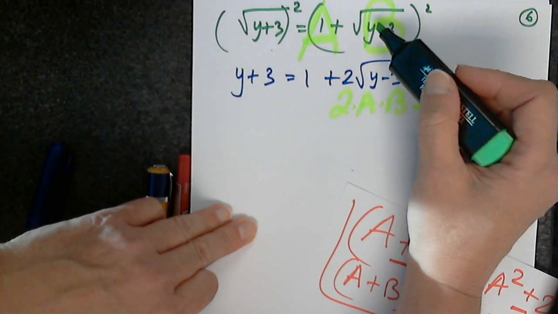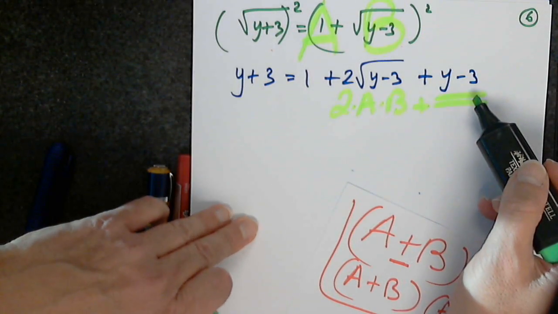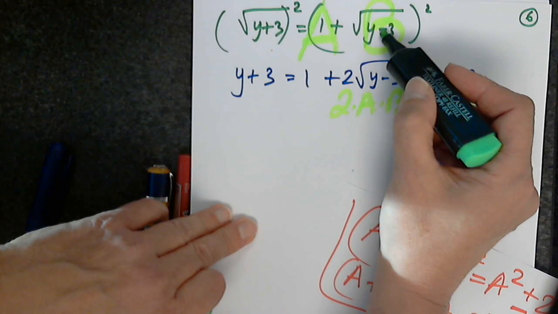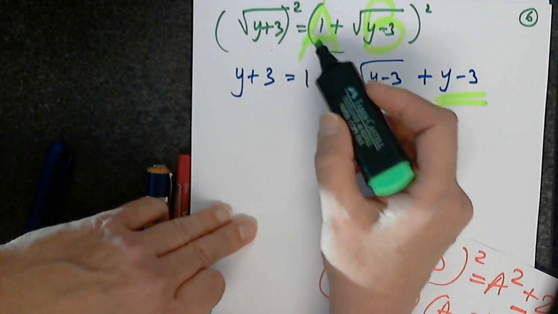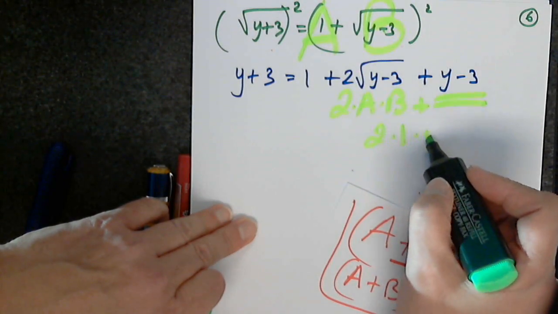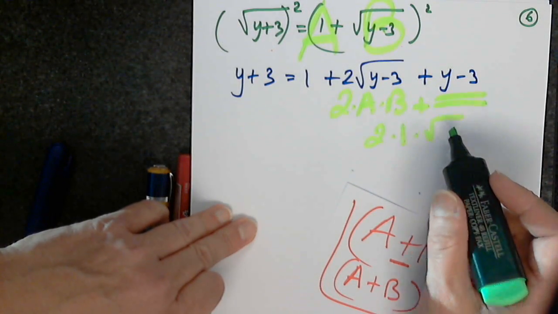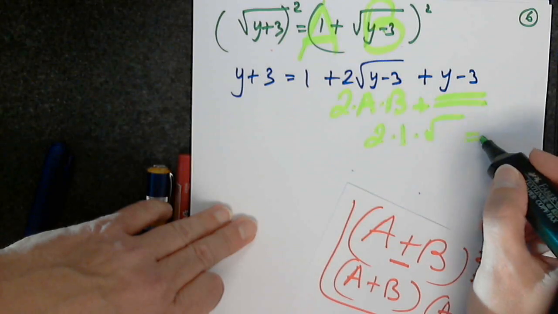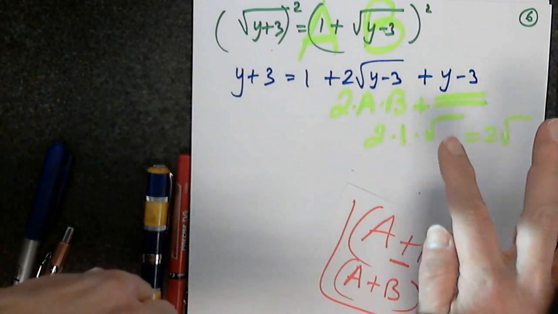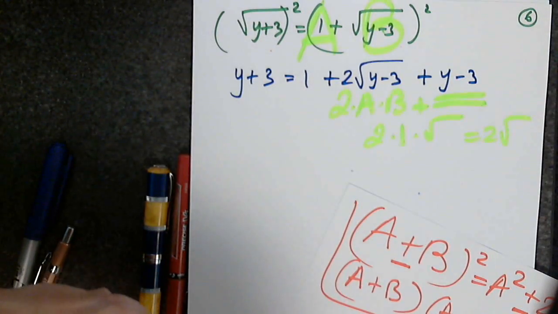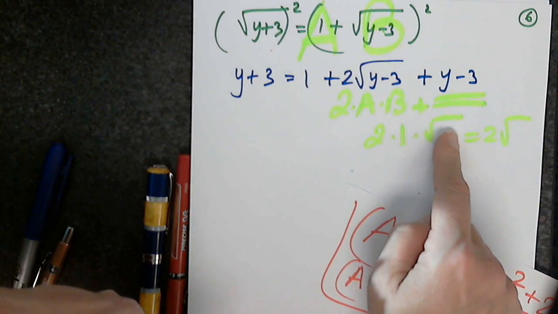So the square root squared is y minus 3. But you cannot touch anything inside. So when you multiply 2 by 1 times the square root, you cannot change anything inside the square root. It's a very good question, actually. So this is 2 times the square root. You cannot change anything inside. You are not putting anything inside.